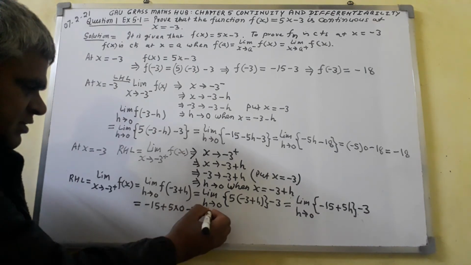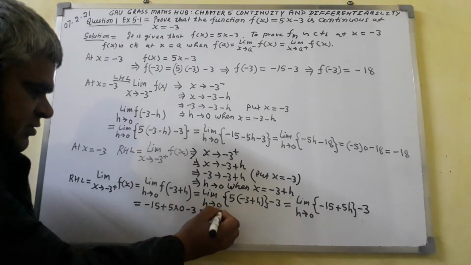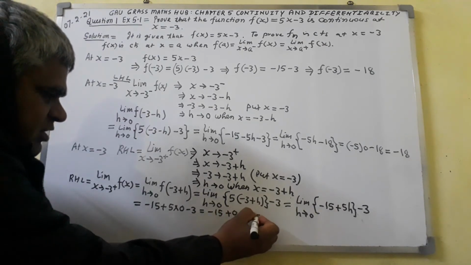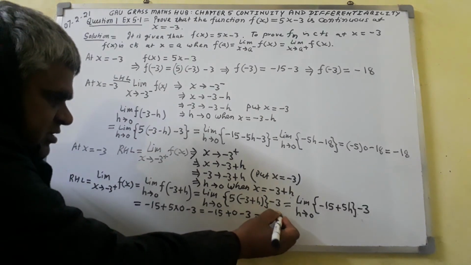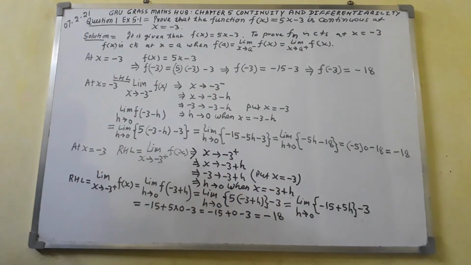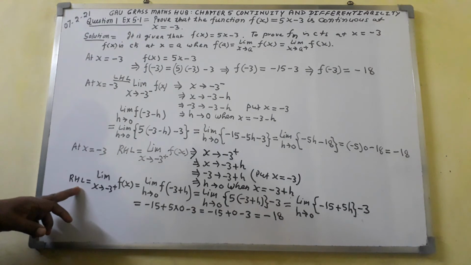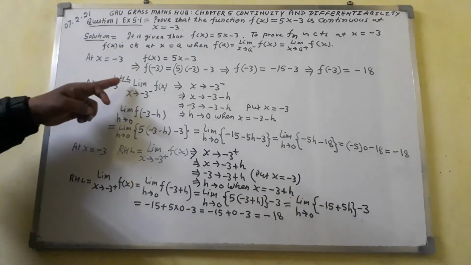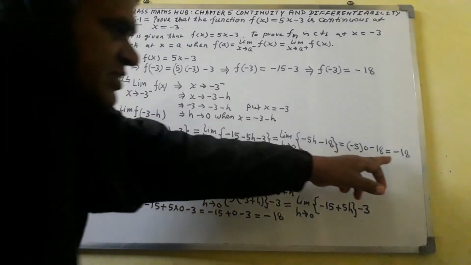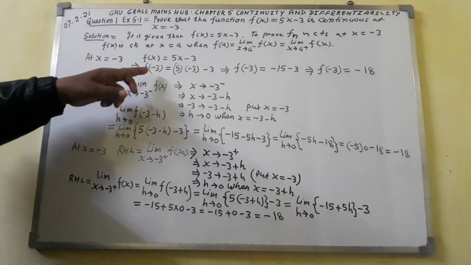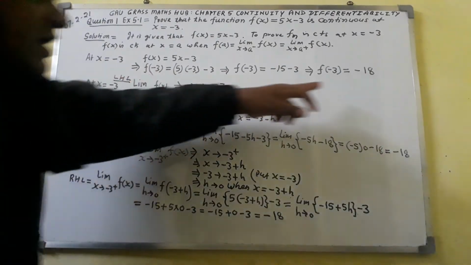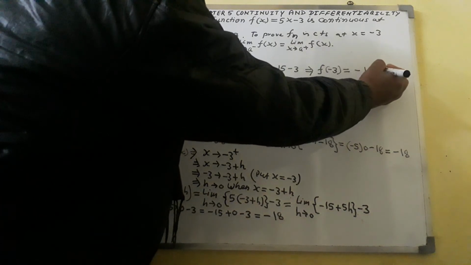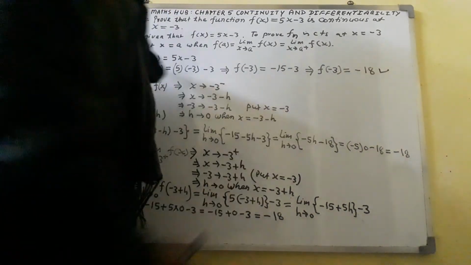Comes out to here minus 15 plus 0 minus 3, comes out to here minus 18. Left hand limit we have got minus 18, and f of minus 3 we have got here minus 18.